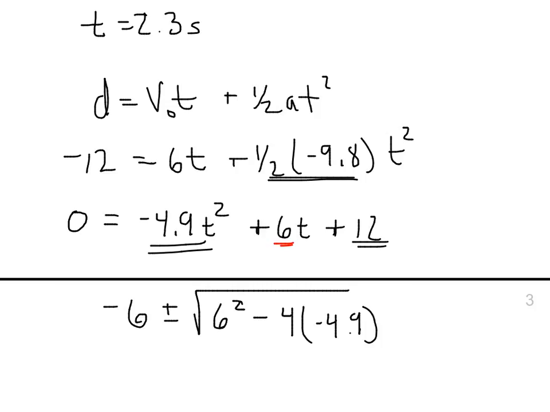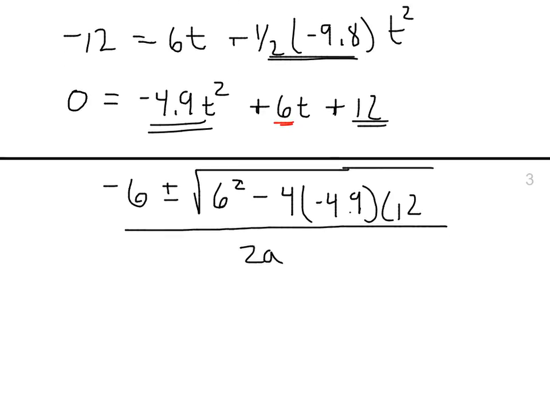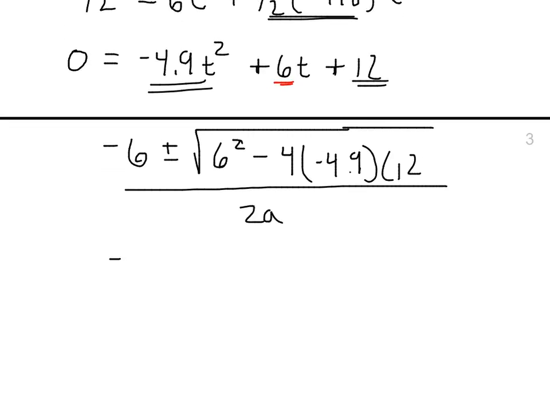C is this term, c, all over 2a. So now all I have to do is do some math and solve this thing out. So I have negative 6 plus or minus the square root of 6 squared is 36. 4 times 4.9 times 12.